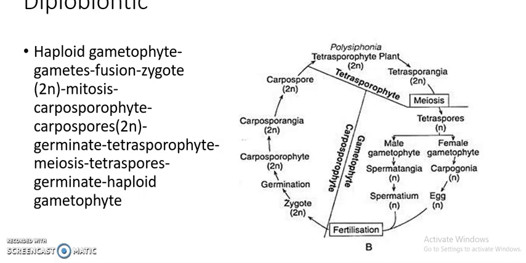It produces haploid gametes by gametogenic mitosis, and the gametes fuse in pairs to form a diploid zygote. Till this stage, both diplobiontic and haplobiontic life cycles are similar. But from this onwards, since the zygote is diploid, the zygote undergoes mitosis.